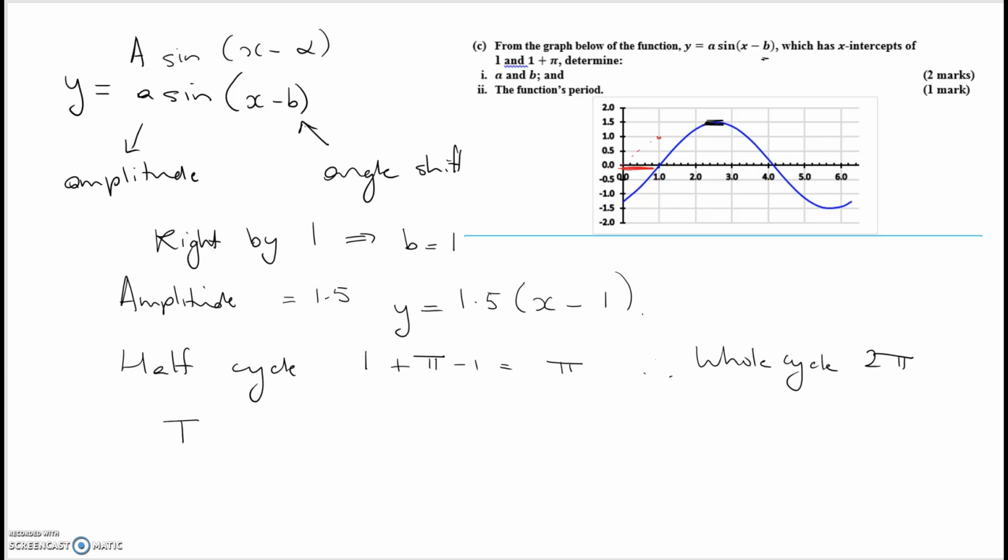Or you can work it out from the formula. Now you're given the formula, so it's 2 pi over omega. Omega is that number there. So in our case, omega equals 1, so that the time period, or the period, is equal to 2 pi over 1, which is just straight 2 pi.